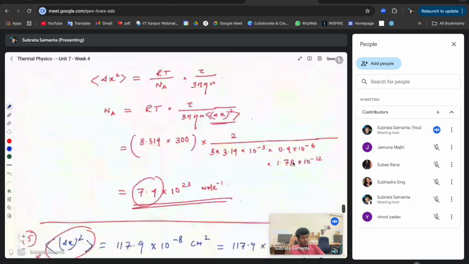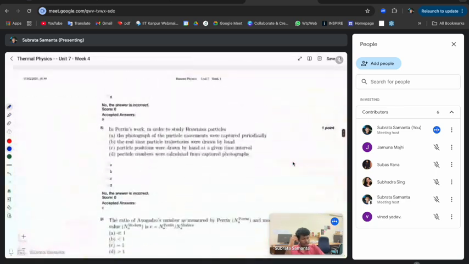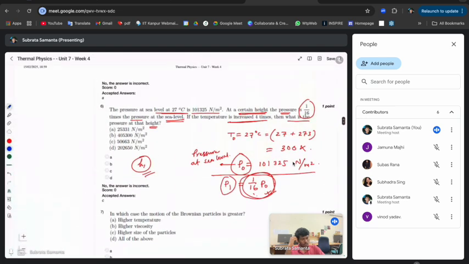So let's see if this is in the options or not. P naught over 2. Now you know the value of P naught is 101325. If we divide 101325 by 2, it basically gives 50662.5, so approximately 50663.